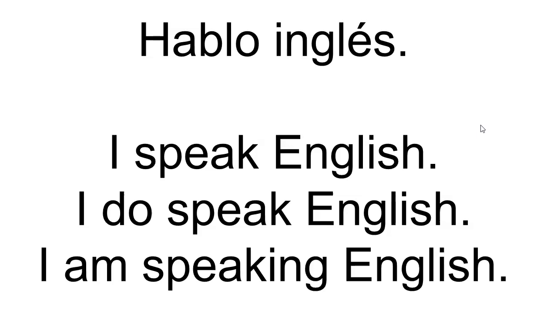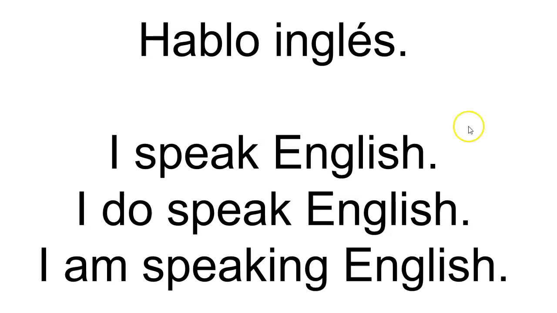For example, él habla can mean he speaks, he does speak, or he is speaking. Nosotros hablamos can mean we speak, we do speak or we are speaking, just depending on the context. So that's what I meant at the beginning, if you learn how to conjugate verbs, you're able to say many things in Spanish now.